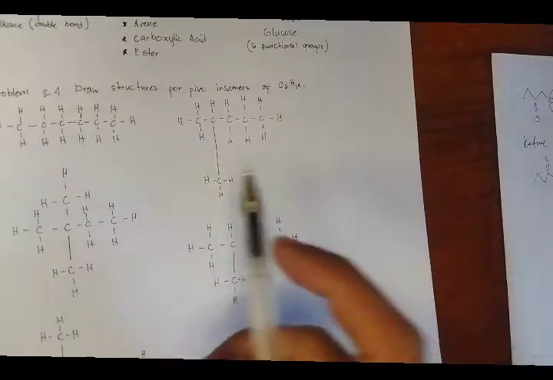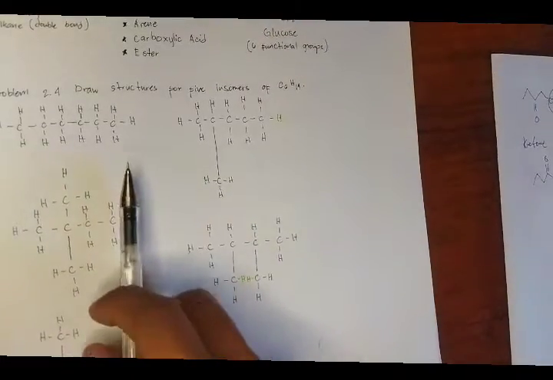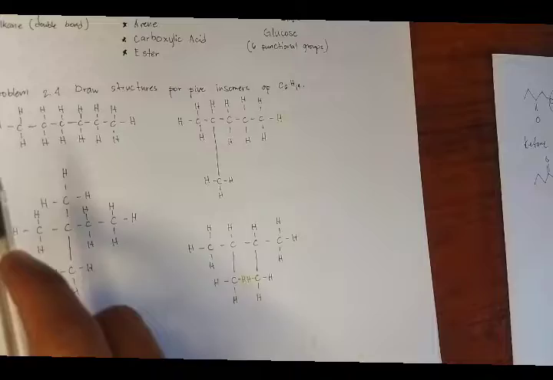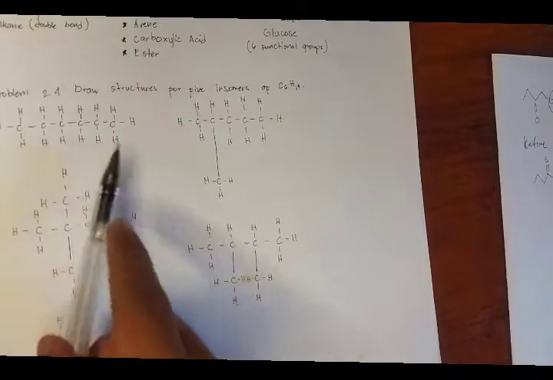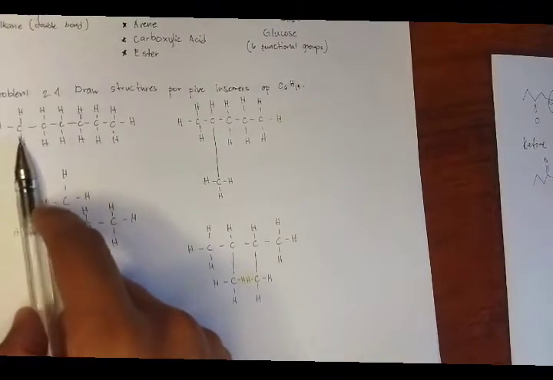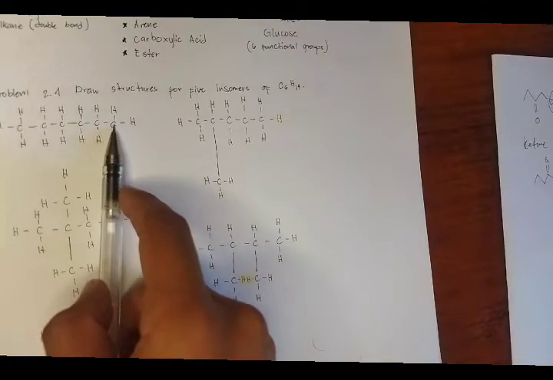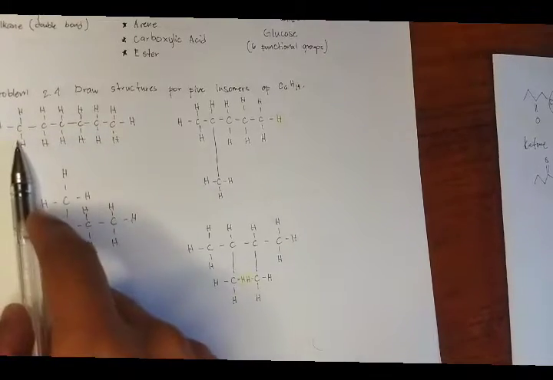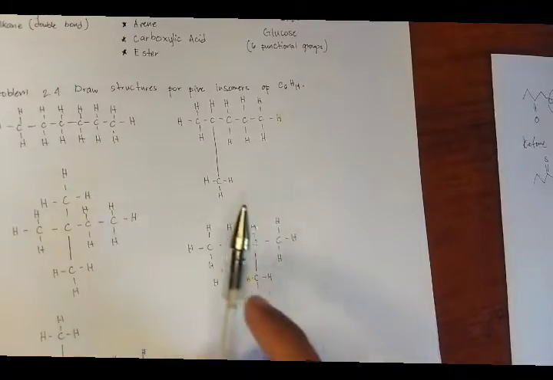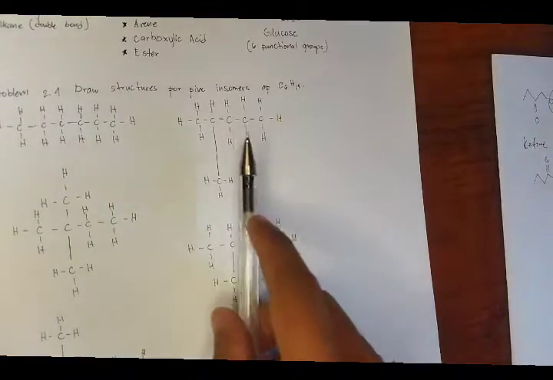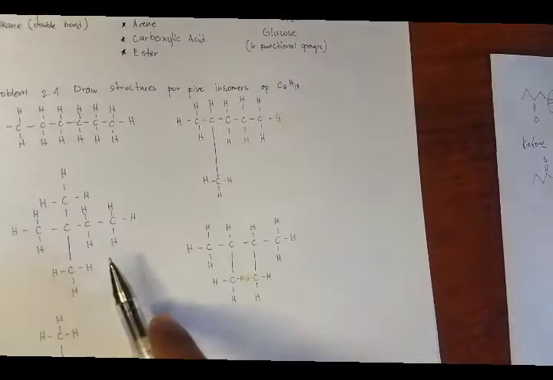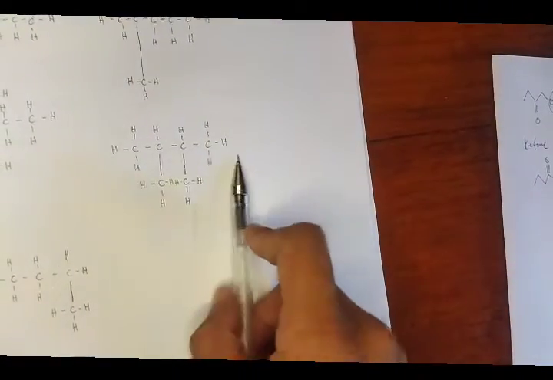The most important thing we need to remember is that there should be 6 carbon and 14 hydrogen. So the first image you see here has 1, 2, 3, 4, 5, 6 carbon and 14 hydrogen. We also have this one, the same, and we also have this one.